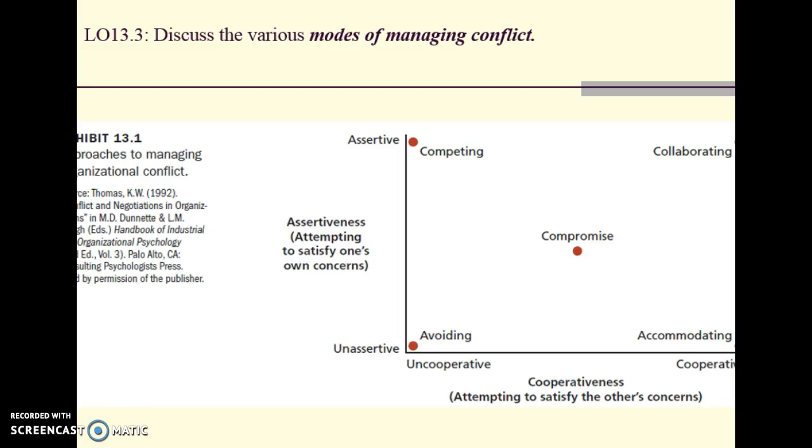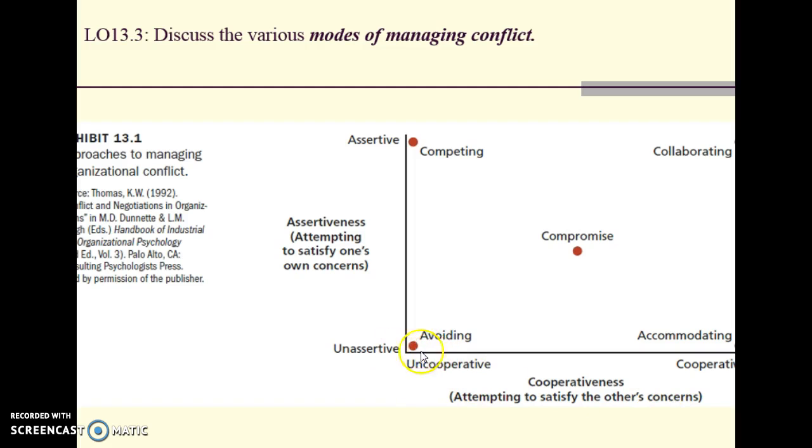Here we see a graph indicating approaches to managing organizational conflict. On the y-axis, the vertical axis, we have assertiveness, attempting to satisfy one's own concerns. Cooperativeness, attempting to satisfy the other's concerns.